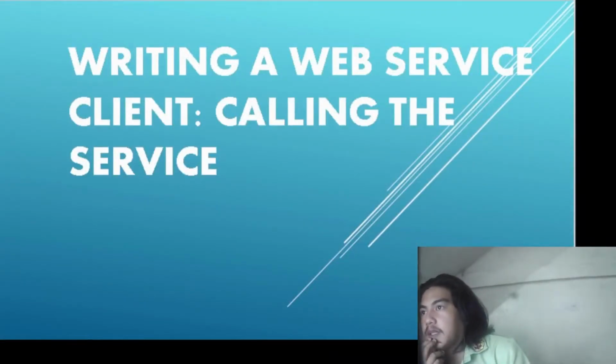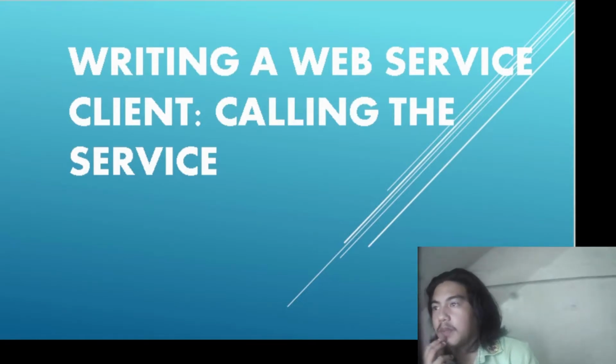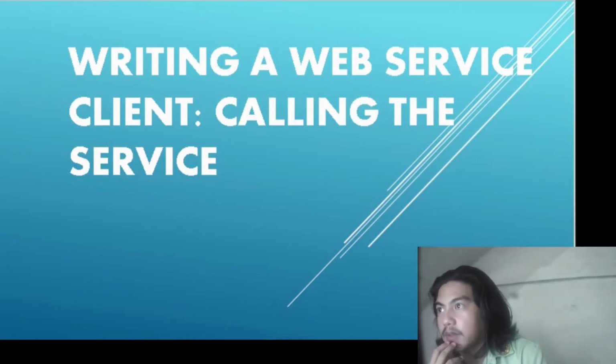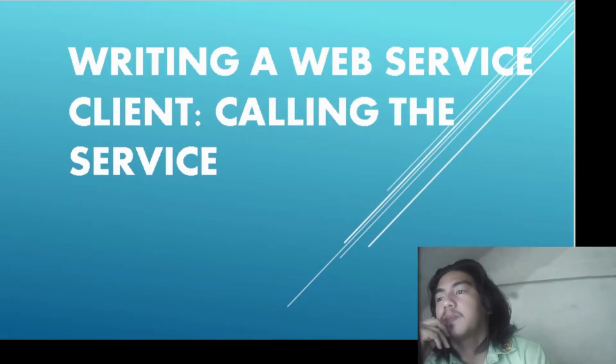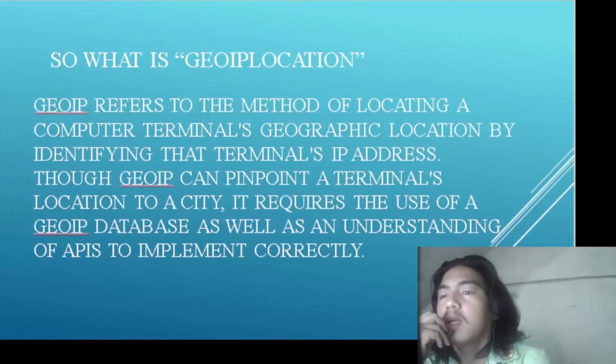Hello, I'm Sander Unseris, and this is part 4 of our report, titled Writing a Web Service Client, Calling the Web Service. This topic will discuss how to locate a location via GeoIP locationing code. So what is GeoIP locationing?